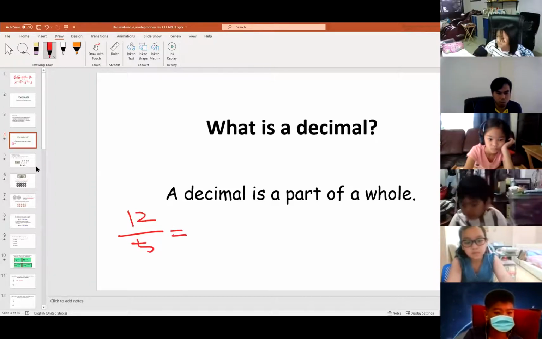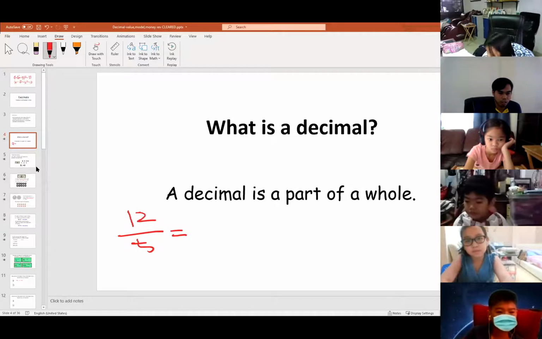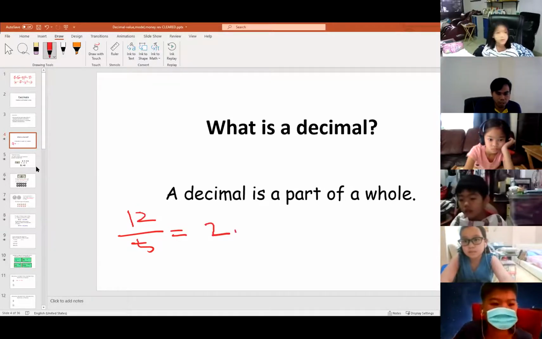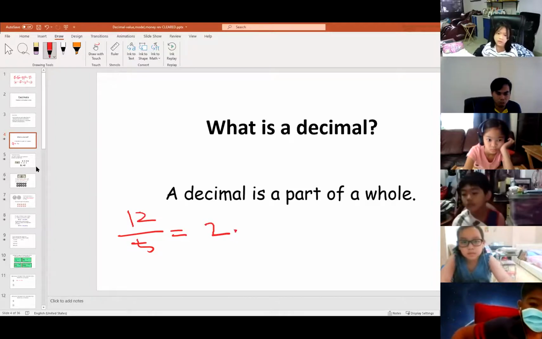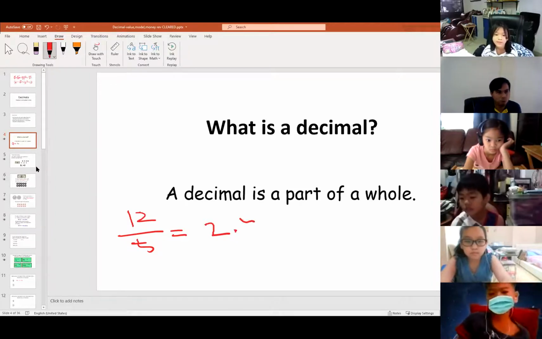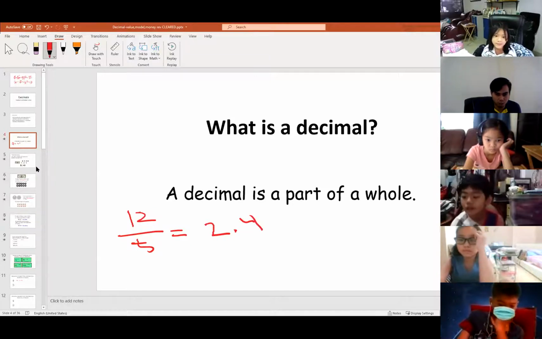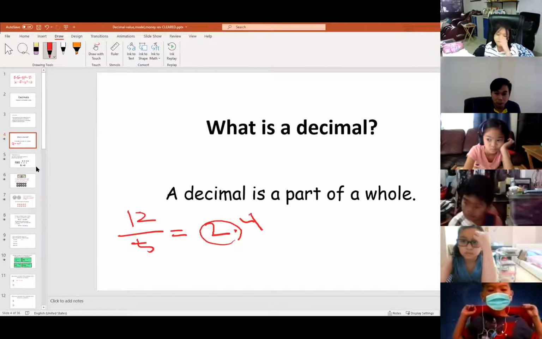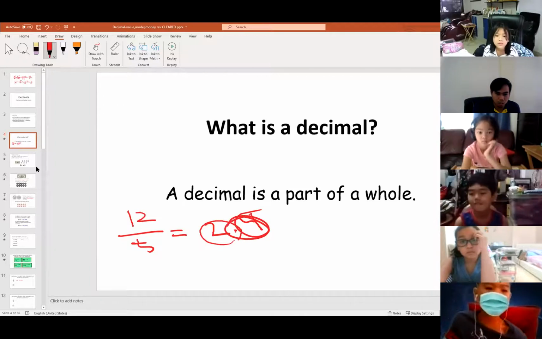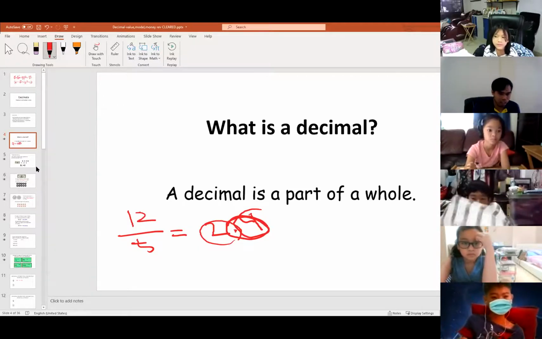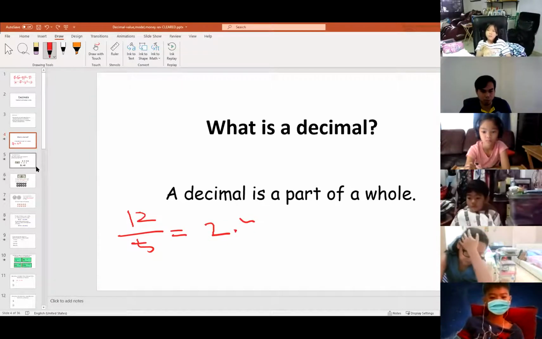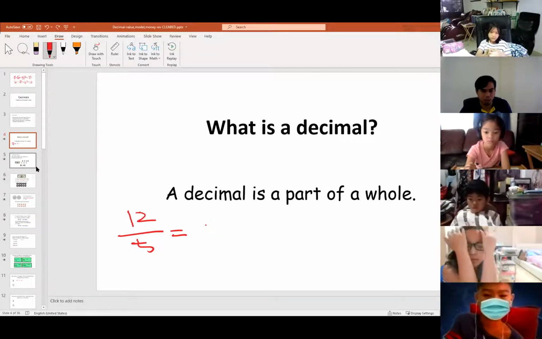How many 5s are in 12? 2 and 2.4, right? 2.4. Okay, so the whole number is 2. The part of the whole number is 0.4. That's why it's a part of a whole. They come as remainders, right? Part of a whole. Okay, what else?